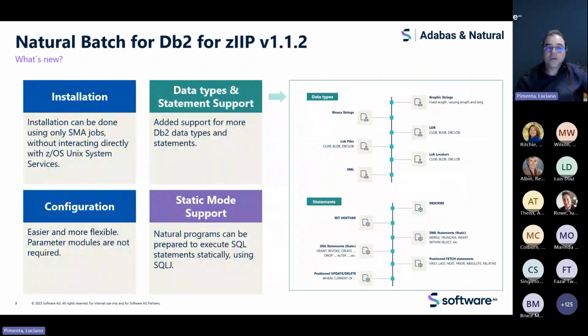And the good news is that we have this new version, and we have some relevant innovations also for Natural Batch for DB2 for zip, okay? First, we expanded the coverage for additional DB2 data types and also new SQL statements being supported, right? Second, and maybe even more important, I would say, the support for static mode, where Natural DB2 programs now can be prepared using SQLJ functionality from IBM, and the execution of the SQL statements from that program is then totally static, okay?